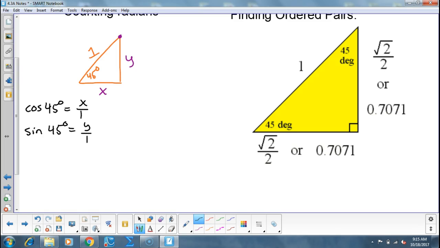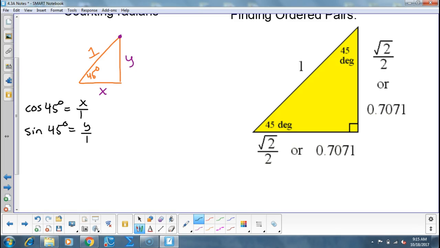So the other 2 ways get me the exact answer, the root 2 over 2 answer. It's the exact same thing. We just have to figure out different ways to get to it, because there are 2 more ways.